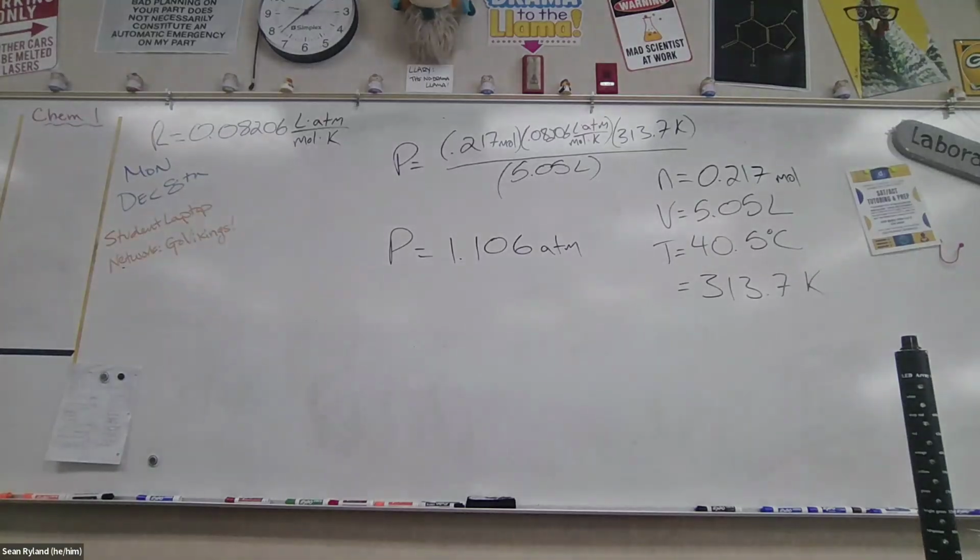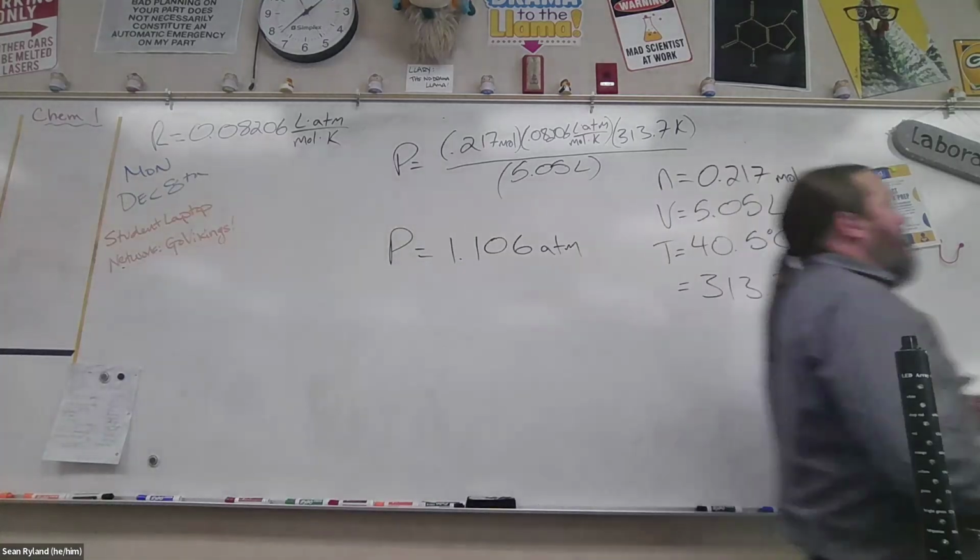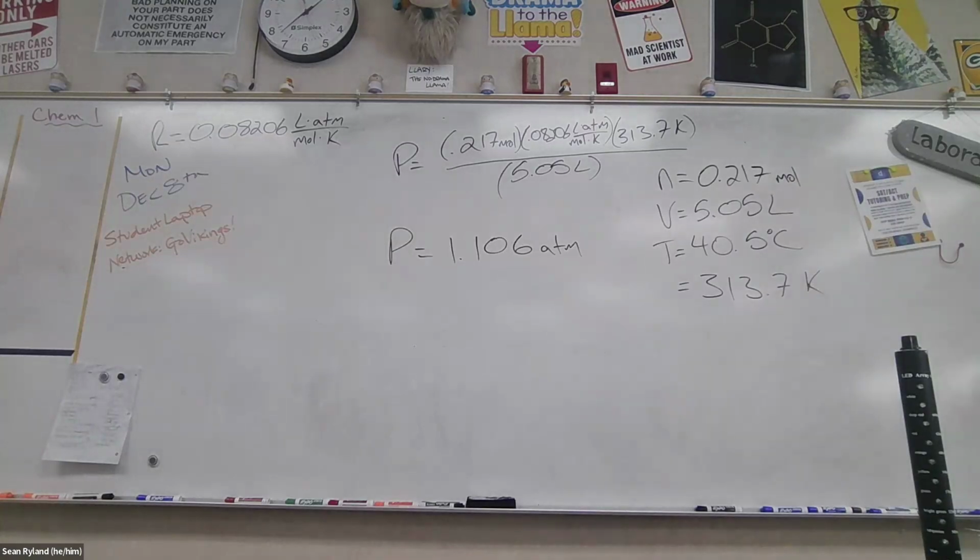All right. Here's an easier way to do a reasonableness check with gas laws. In gas laws, there's a set of conditions that we call standard temperature and pressure, abbreviated STP.